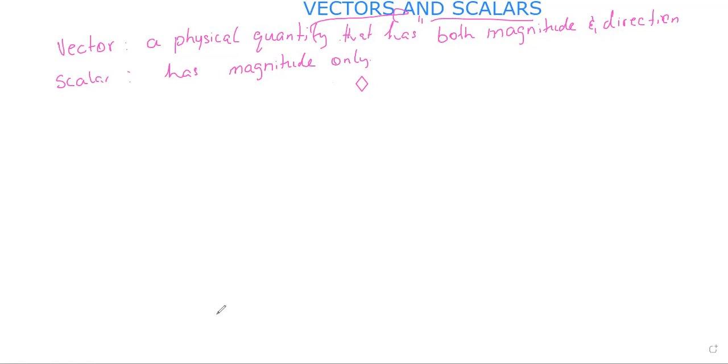Now, what do you mean when we talk about the physical quantity? Physical is something tangible. Say 5 kg, 3 meters, 4 hours. Tangible, real. Something physical is real.